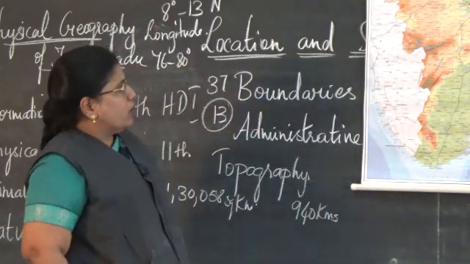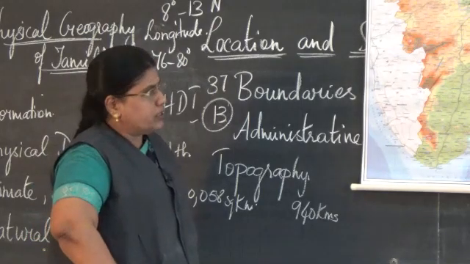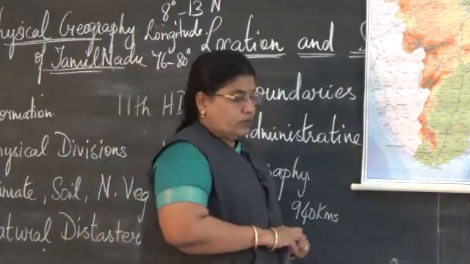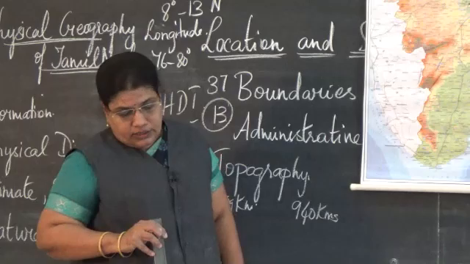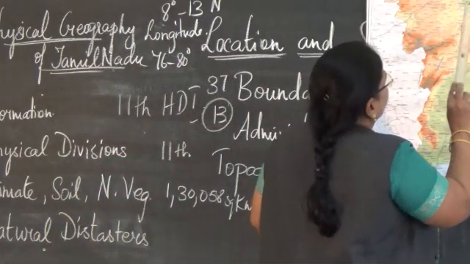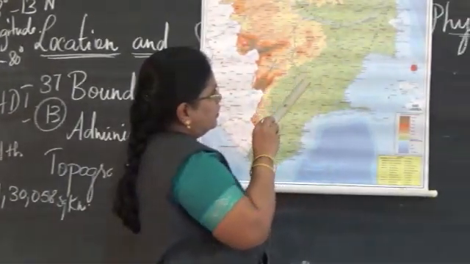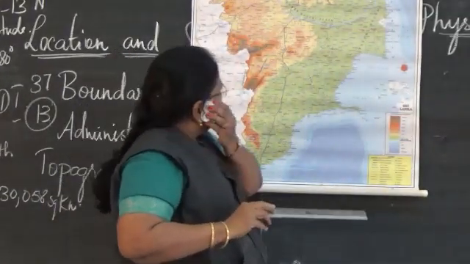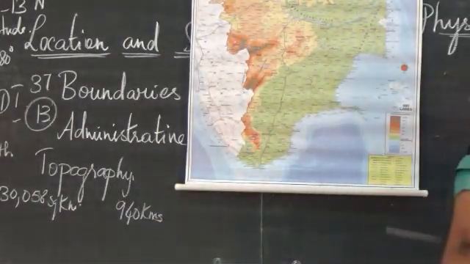Next, we will focus on the physiographic divisions of Tamil Nadu. It is located on the peninsular plateau. We have the Deccan Plateau, and the entire Tamil Nadu mainly lies in the plateau region.